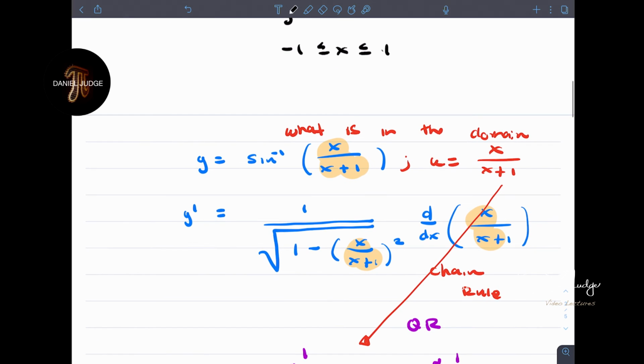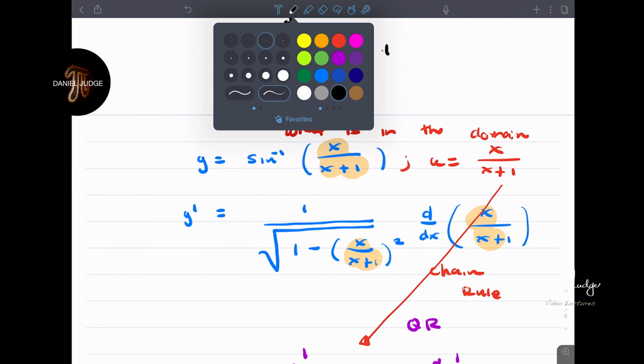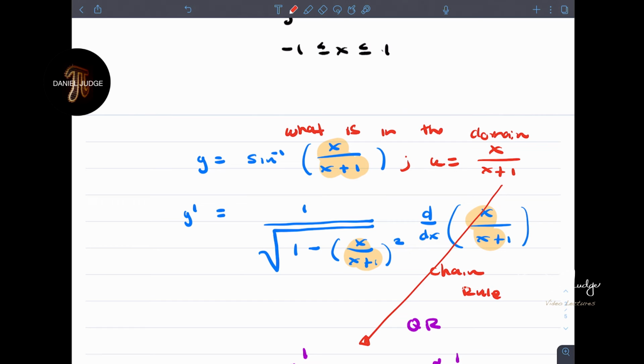Now, the problem here is that x plus 1, the denominator down here, x cannot be -1. So what you're going to have here for your domain is -1 less than x less than or equal to +1. And let's double check.